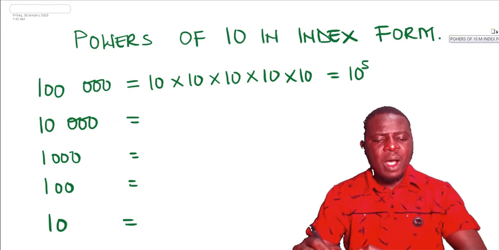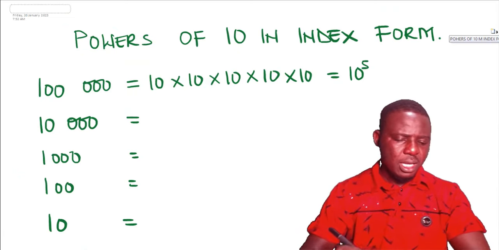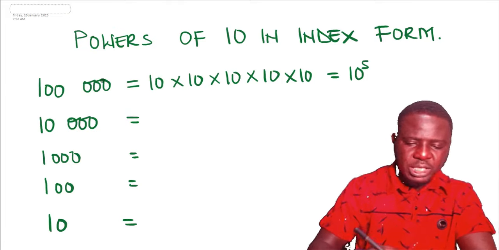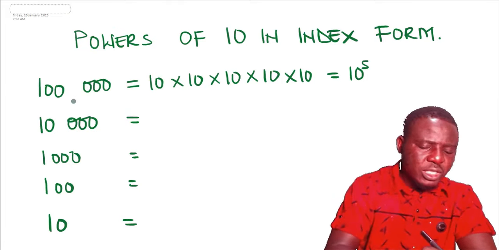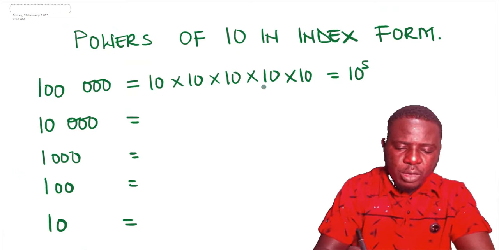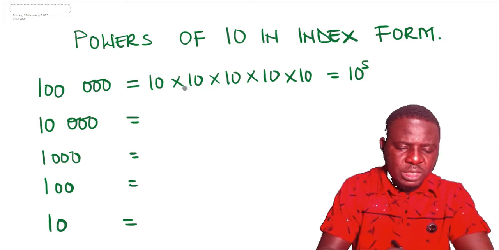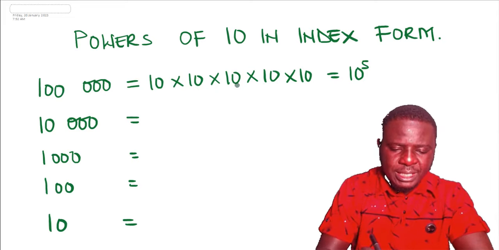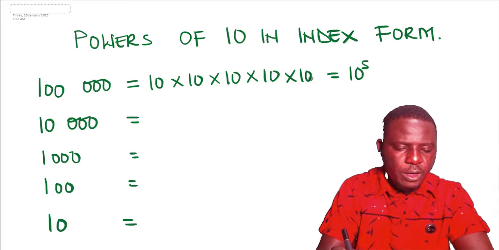Let's also look at powers of 10 in index form, because one may ask, how is Mr. Otaji able to express 100,000 as 10 raised to the power of 5? Now, 100,000 can be broken down to be 10 multiplying itself 5 times, because 10 times 10 is 100, 100 times 10 is 1,000, 1,000 times 10 is 10,000, and 10,000 times 10 will give you 100,000.